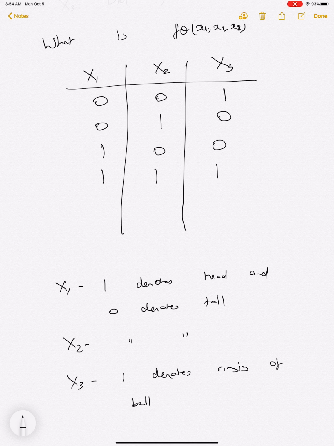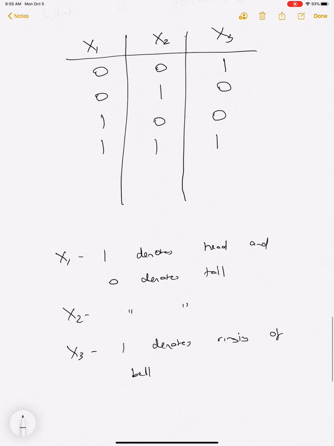Okay, so in fact, even though there's 8 different possibilities in total, this is kind of where you're getting a dependence here, because even though in theory there's 8 different possibilities, because of the dependence there's actually only 4. The reason for that is because if you know x1 and x2, then you know what x3 is going to be as well.